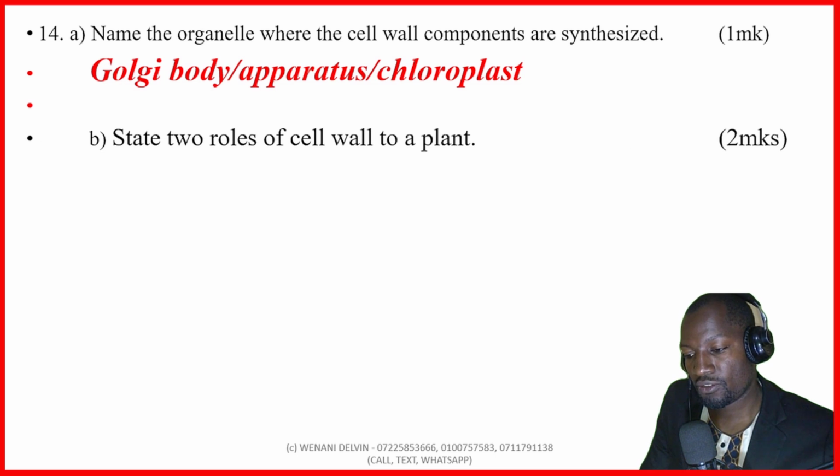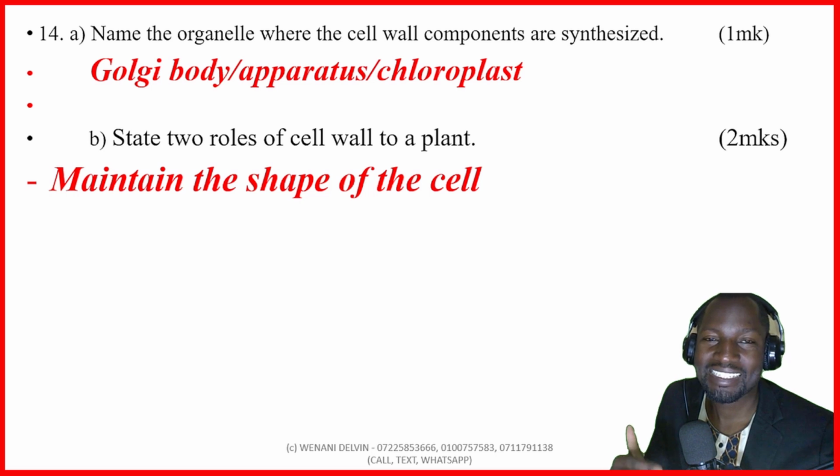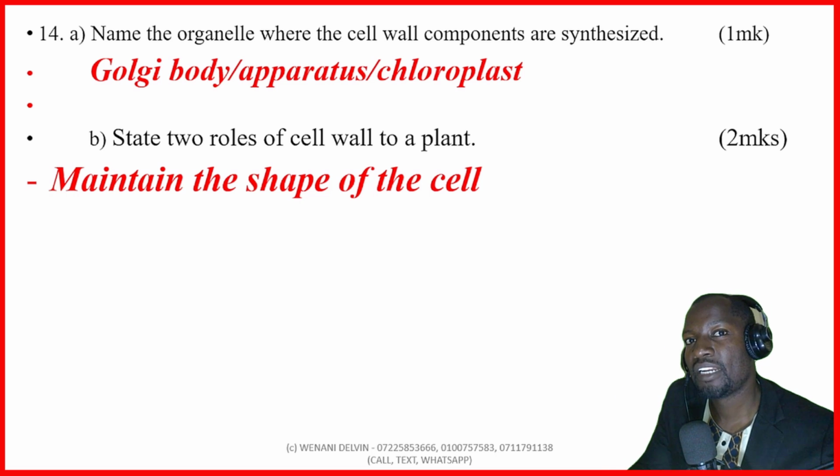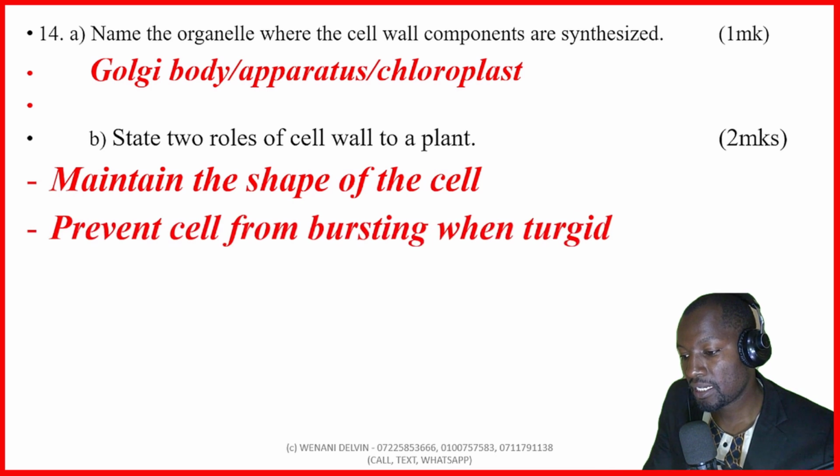State two roles of cell wall to a plant. Number one, it maintains the shape of the cell. Remember, the plant cell has a definite shape, but an animal cell does not have a definite shape. That is because of the cell wall. Number two, it prevents the cell from bursting when turgid.